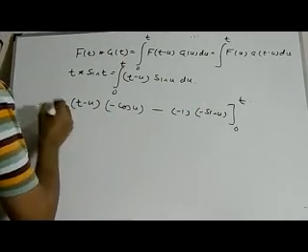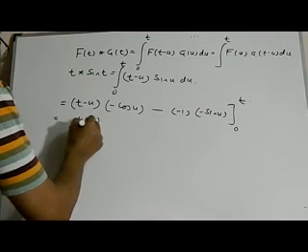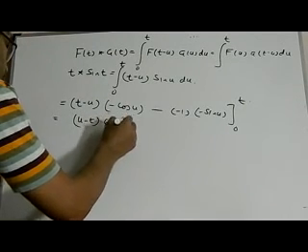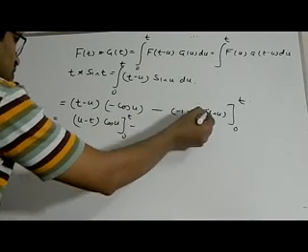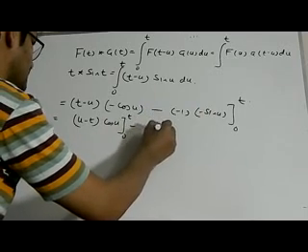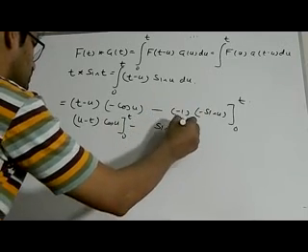So finally what will I get? (u minus t) cos u from 0 to t, minus sin u from 0 to t.